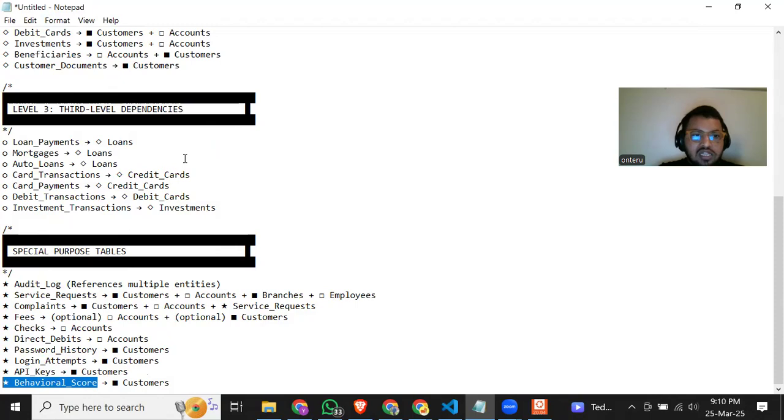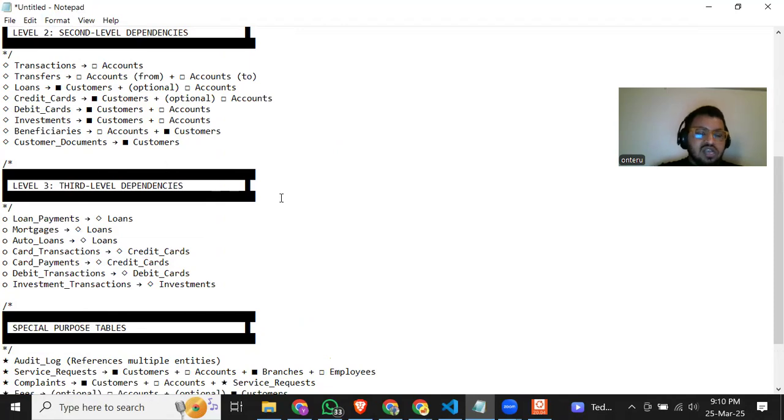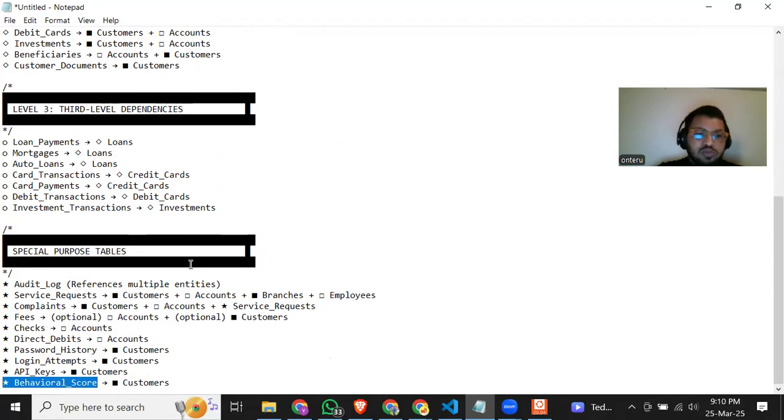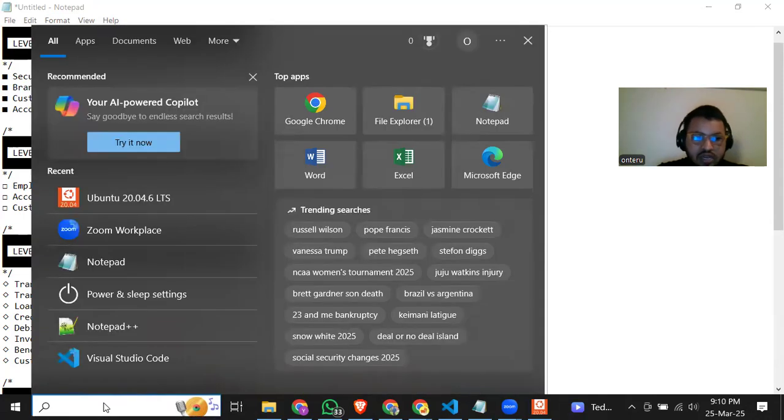So these are all the tables: independent tables, first level dependencies, second level dependencies, third level dependencies, and the special purpose tables. These are all the tables I built in my SQL Server. For the initial task, I'm going to migrate all this data to the Hadoop cluster, on HDFS.